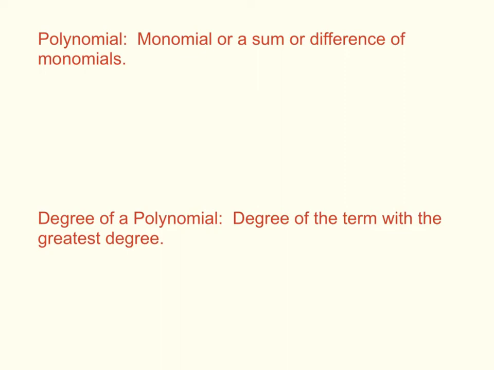So remember, x is a monomial, 3 is a monomial. We also consider them polynomials. Now if we take their sum or difference, x plus 3 is a polynomial. X minus 3 is a polynomial. 3 minus x is a polynomial also.